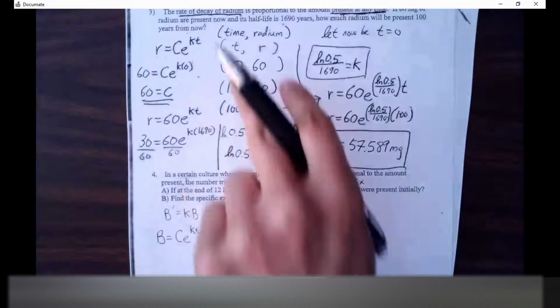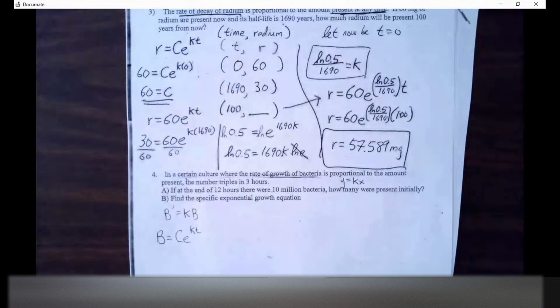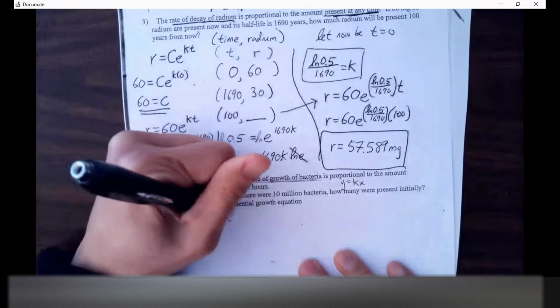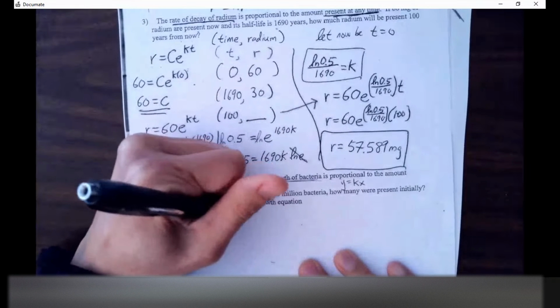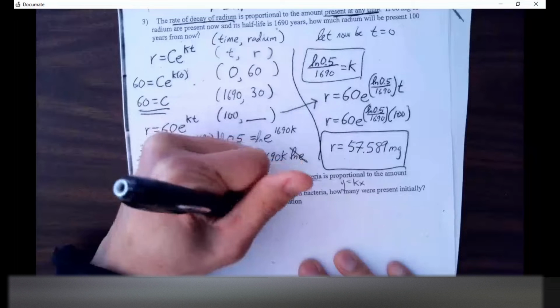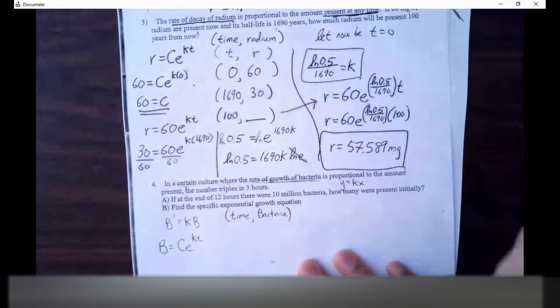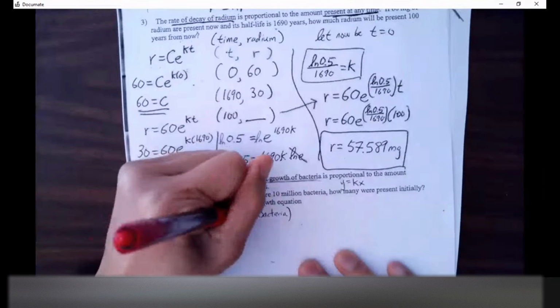All right, so just like before, we're going to list out ordered pairs, time being the independent variable, and then in this case, bacteria being our dependent variable. Okay, we'll let T represent time.